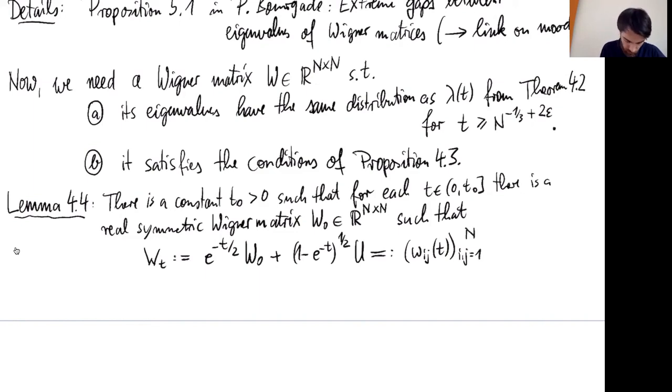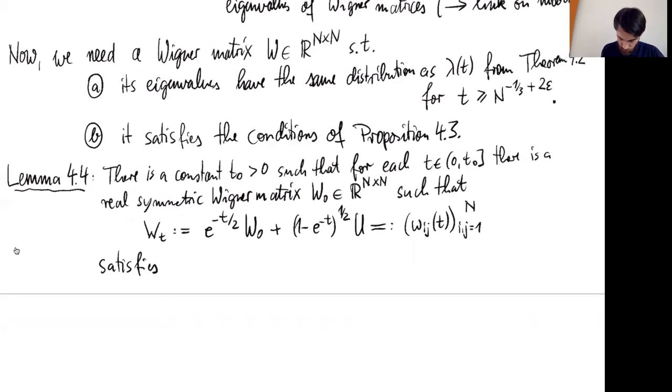These entries satisfy the moment matching assumptions that we had before: the expectation of Wij t to the k is Hij to the k for k equal to 1, 2, and 3.